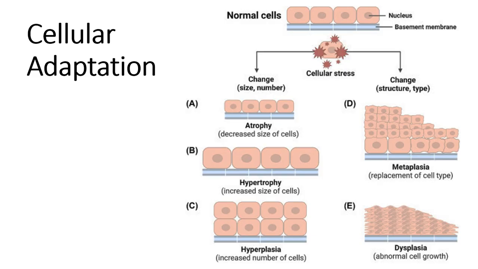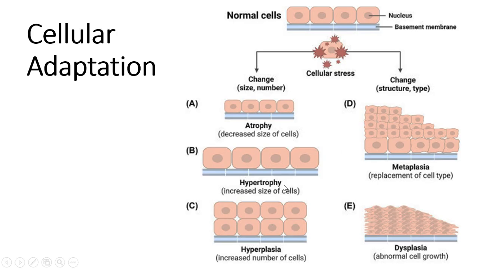Usually dysplasia relates to changes in the structures of cells, so there will be abnormal, or we call it bizarre, changes in the shape of the cells. We can confirm dysplasia by looking under the microscope.